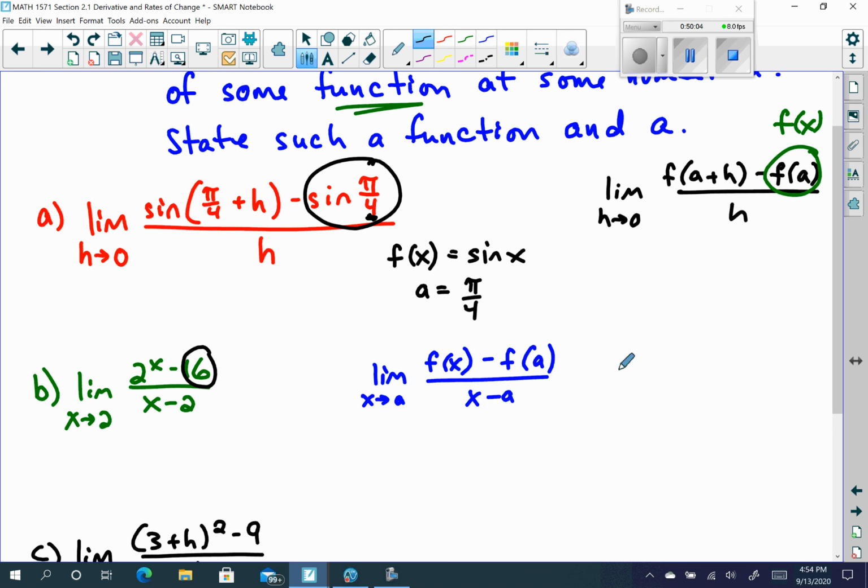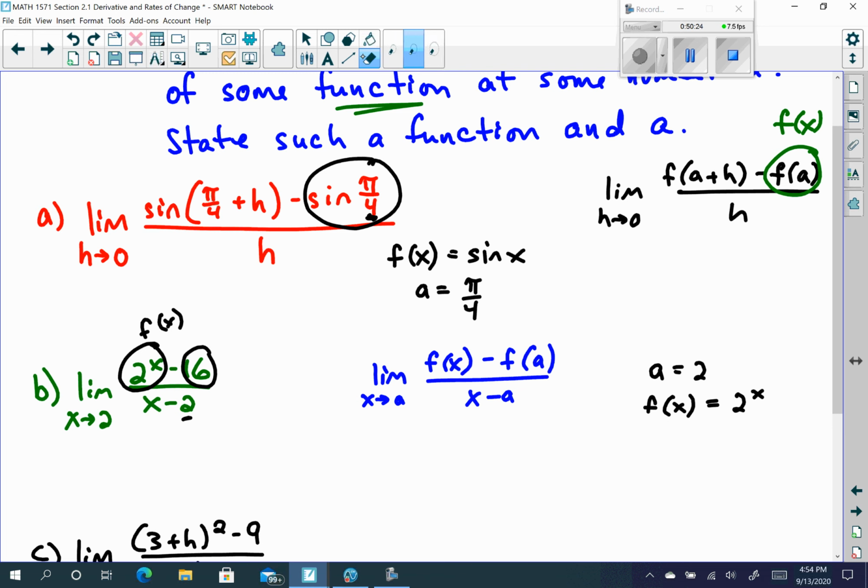So this is a little bit easier to say, well, hey, a is 2 right here. And now this part, not the 16, this part here, this is f of x. So f of x is equal to 2 to the x. And that should have actually been a 4 there if x was 2. Let me change that there.